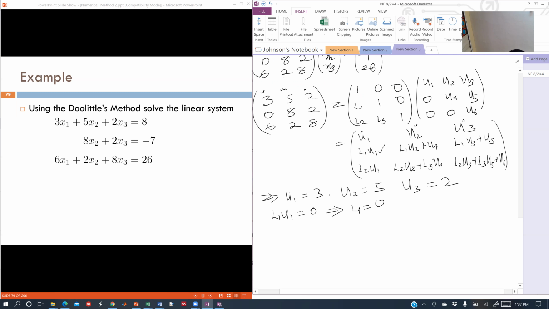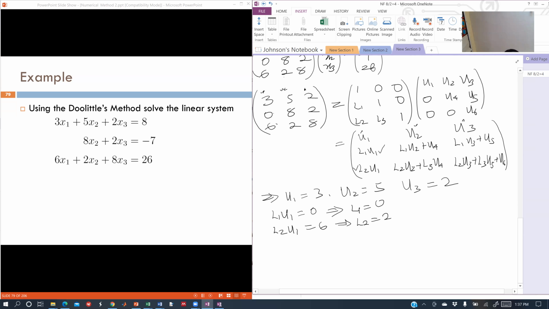Then I go to this guy as my next, which is L2 U1 is equal to the entry there, which is 6. But I know U1 to be 3, so it implies that my L2 is going to give me 6 divided by 3, which is 2.